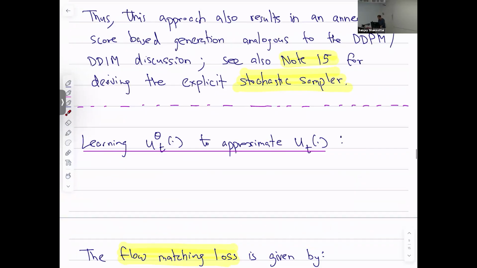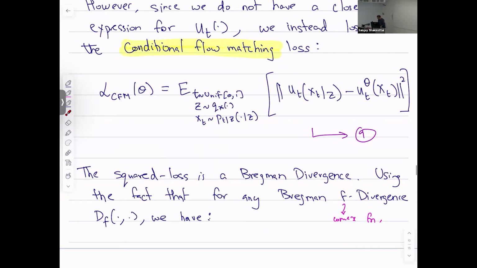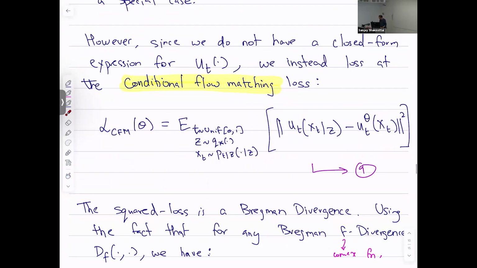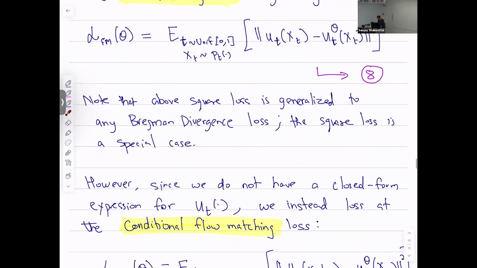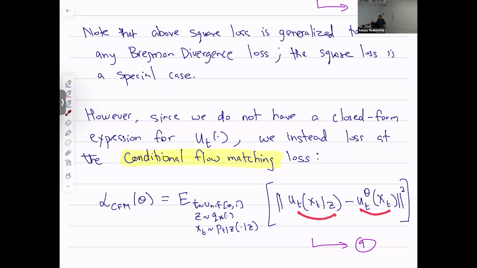So the next step in this process was the following. Look at this conditional flow matching objective, which tries to approximate the unconditional field by the conditional. This seems somewhat bizarre at first sight, because previously we said we want to approximate u_t theta by u_t, which makes sense. But this one is a conditional version. But we said this is okay.